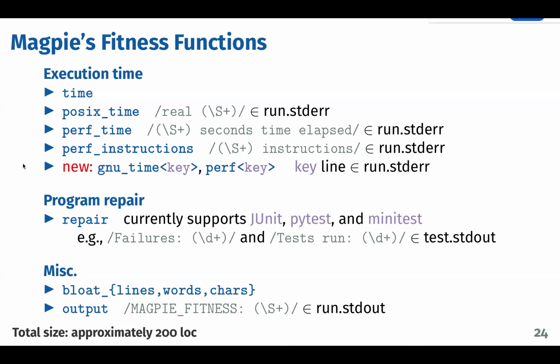Bloat is just a way to compute the program size, the software size. So if you do a transformation and it still passes your test suite, but it's smaller, that's something that you may want to look at. And output: if you are optimizing your own software and you are able to write somewhere in the output Magpie fitness and a value, it will simply use the value that you provide.